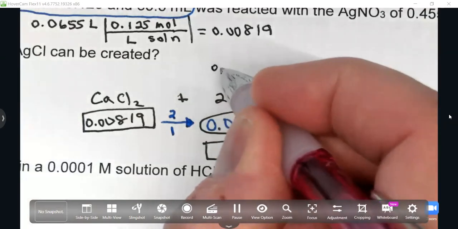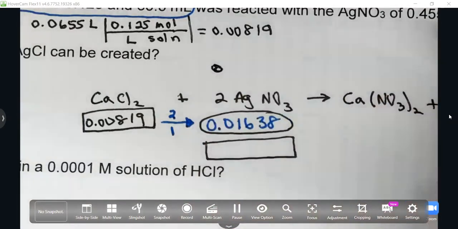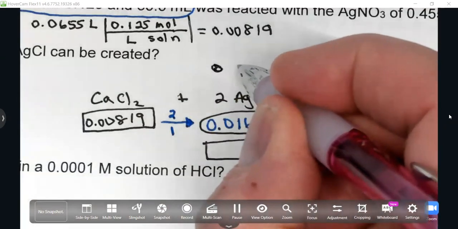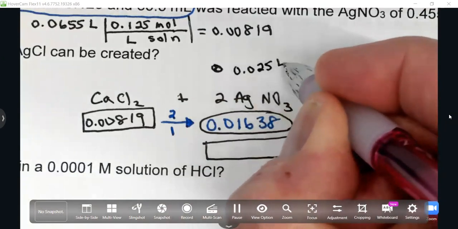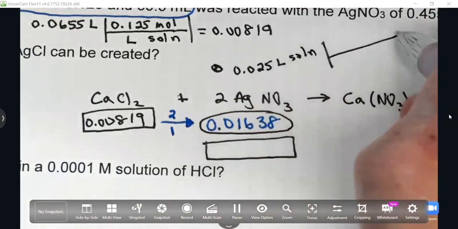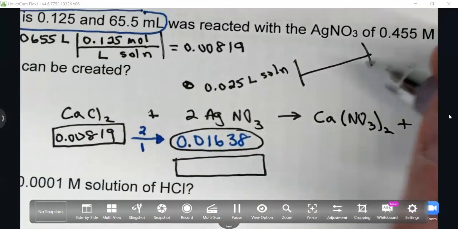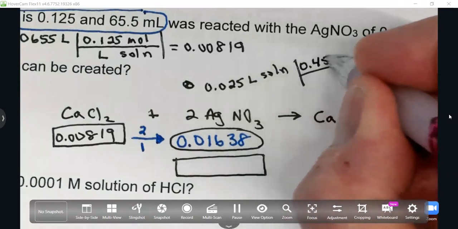Because this was 0.025 liters of solution. And the molarity is 0.455.